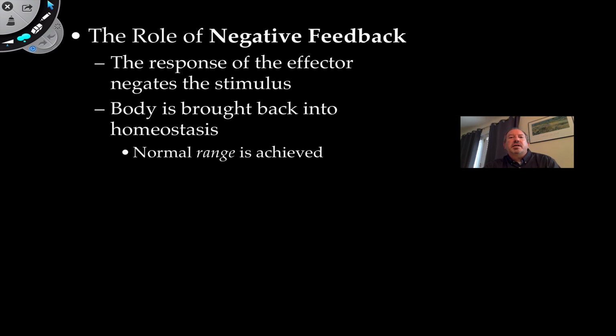And so this is an example of negative feedback. In other words, when something is a little low, that means that we need to pick it up a little bit. And when something's a little high, we need to slow it down. And so it's a feedback. So it's able to bring the body back into homeostasis, and then normal range is achieved.